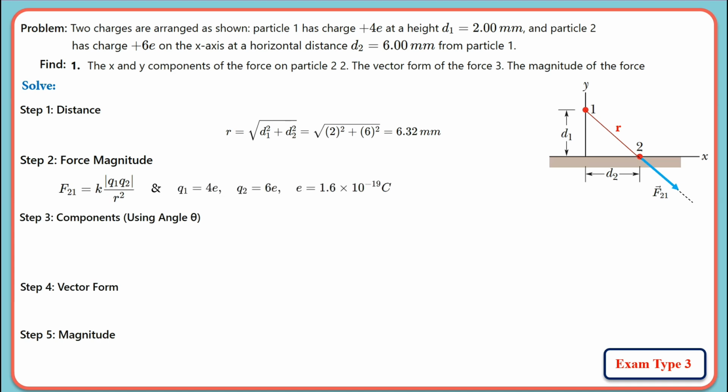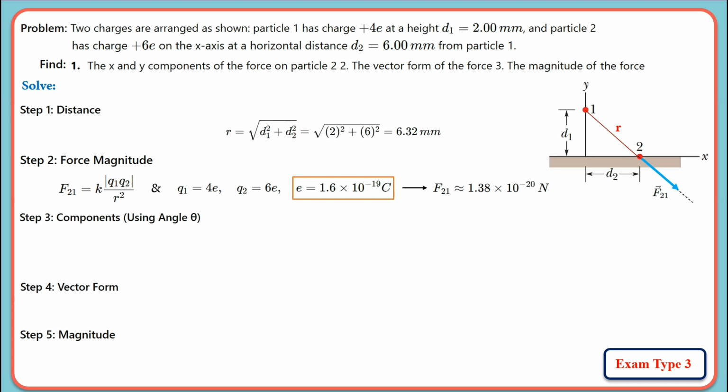Here, remember that the elementary charge e is equal to 1.6 times 10 to the power of minus 19 coulombs. Substituting the values, we get F21 approximately equal to 1.38 times 10 to the power of minus 20 newtons.